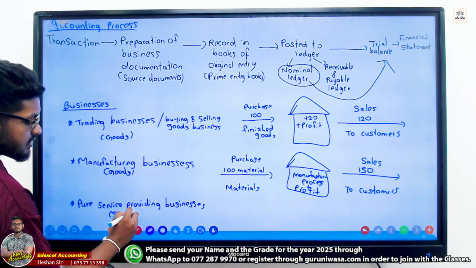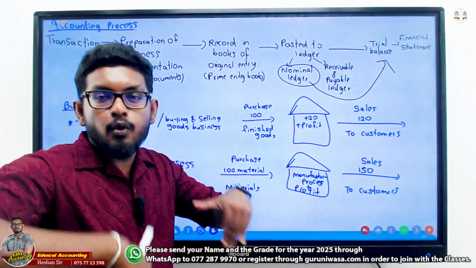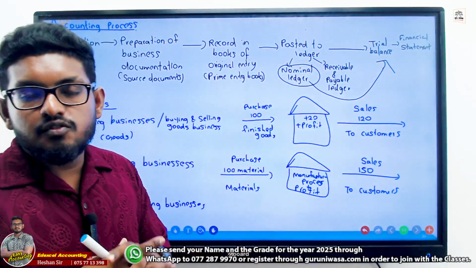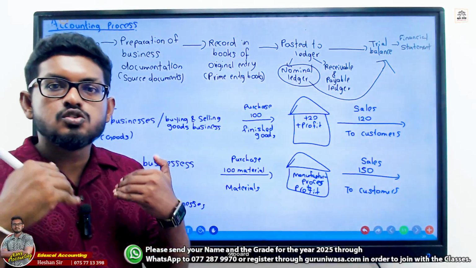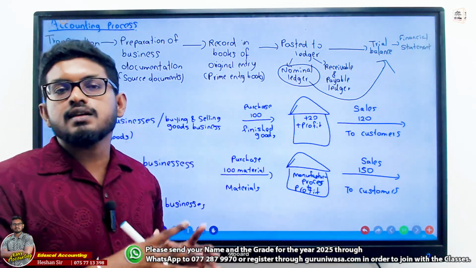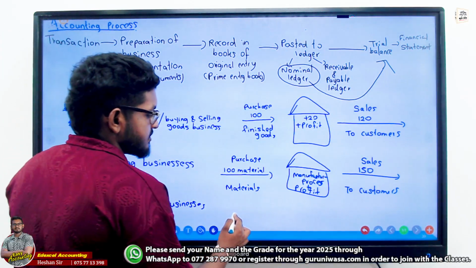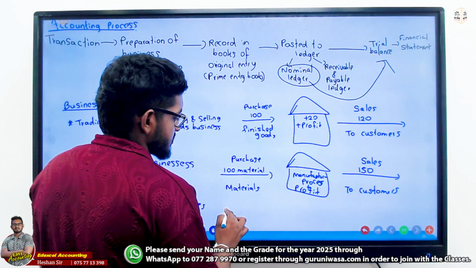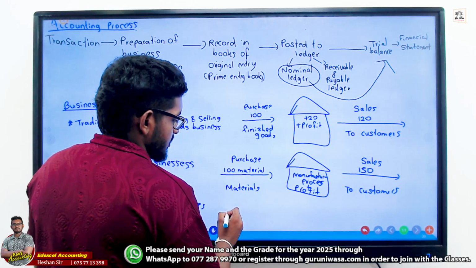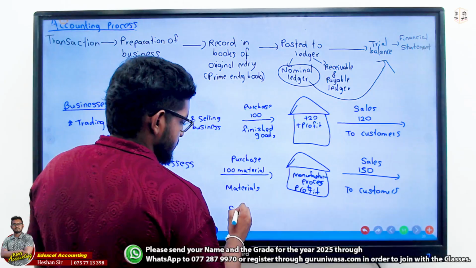There are some items just to support the service. For example, this Guru Niwasa is also a service providing business. We are not offering goods, but we need some items for providing the service. So it is just a service providing business.